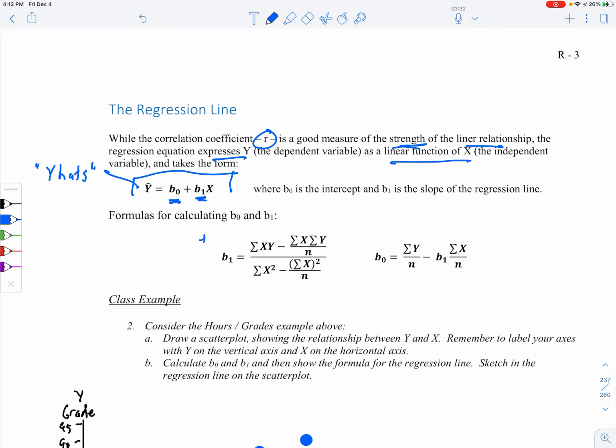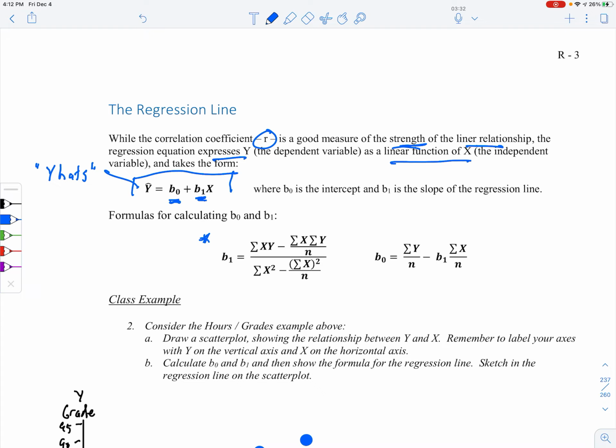And here are the formulas that you use to calculate these. What you'll notice is that the formula for B1, the slope, is very similar to the formula for R, the correlation, and that makes sense in that a positive slope corresponds to positive correlation, and so on.